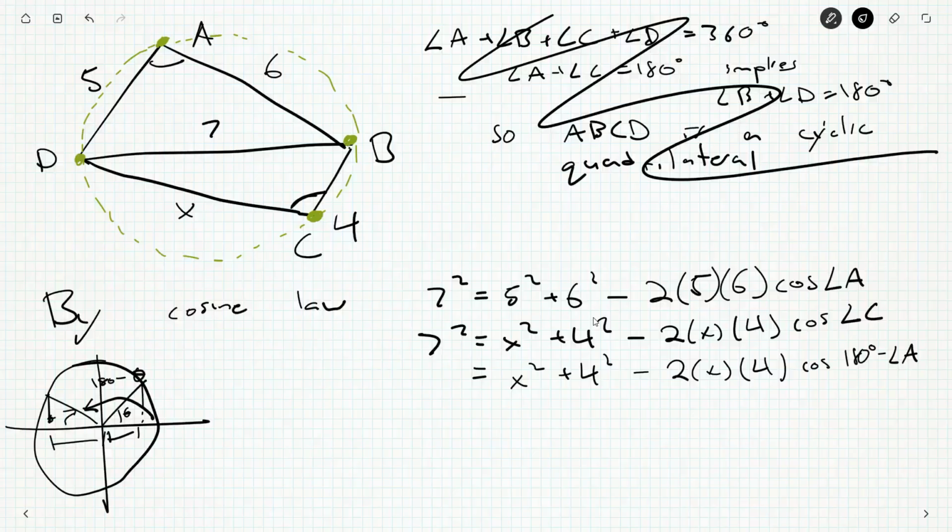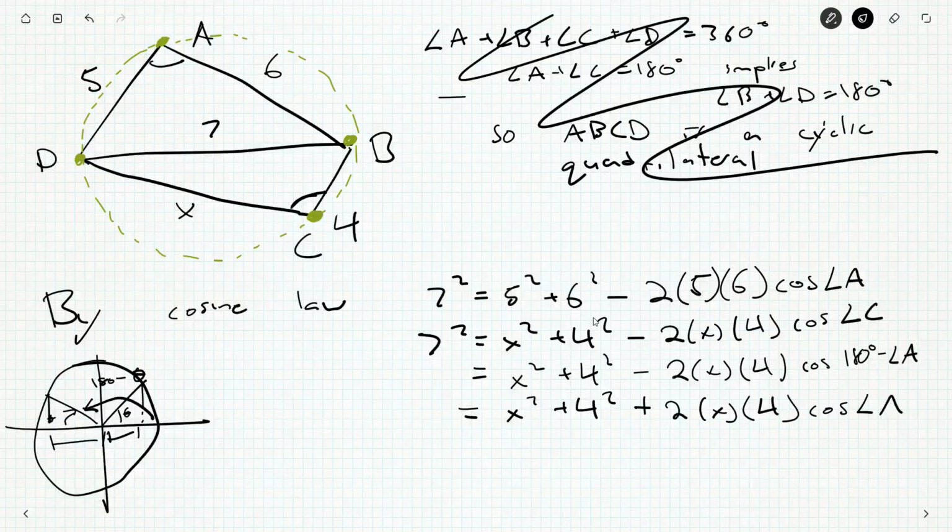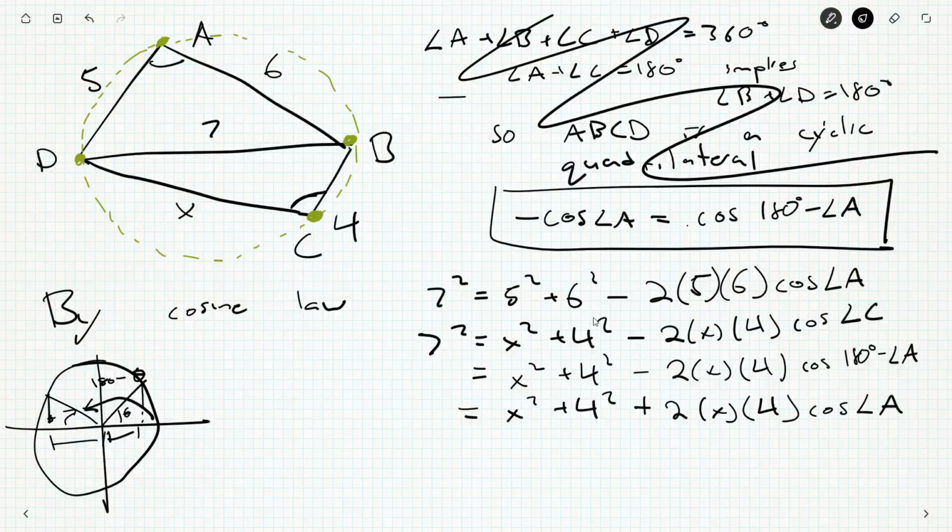It's the negative amount, so it's going to be x squared plus 4 squared plus 2x for cos of angle A. So cos of A, or negative cos of A is cos of 180 degrees minus A. So this is a nice property that you can take and use.